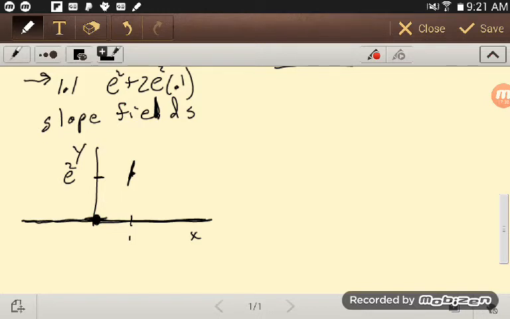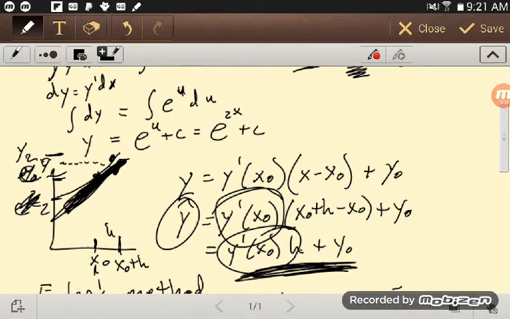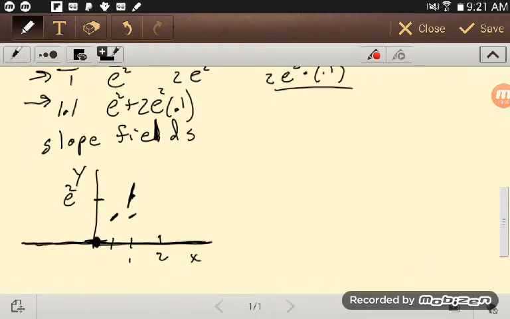Now it won't match up with the rest of the stuff, but I can do it. And I could go out here to 2. I'll get very steep slopes out here. If I come in here to very small numbers, maybe a half or a tenth, that's where I'll get slopes that aren't so steep. But all I'm doing is the same thing I did here, except I'm drawing a much, much shorter tangent line.